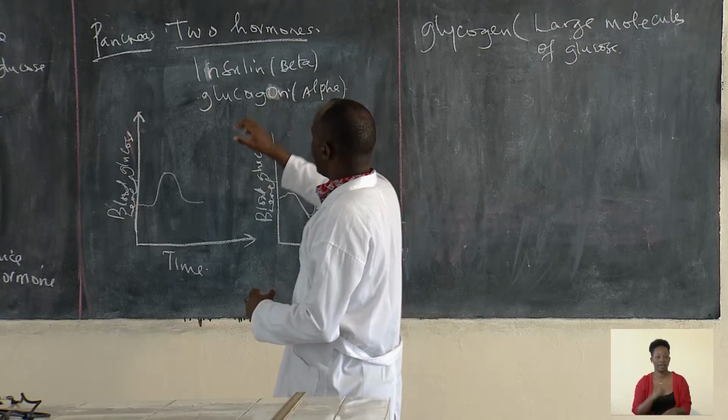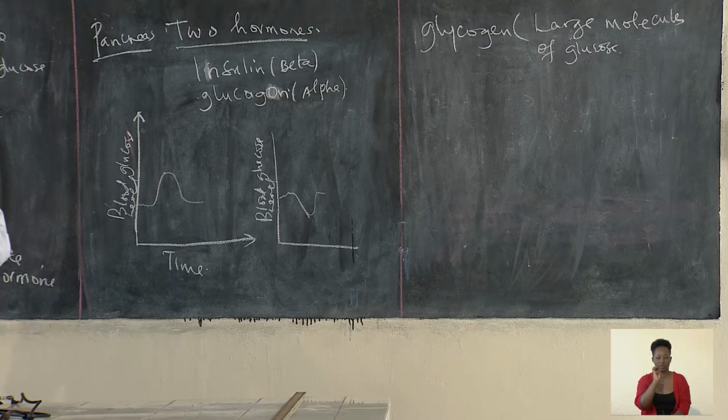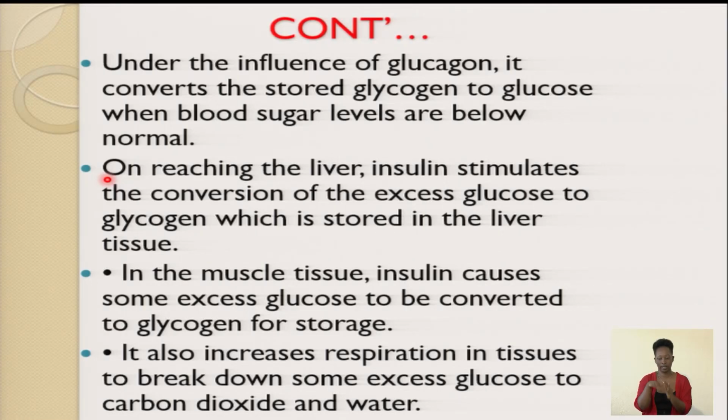Once there is excess glucose in the blood, it has to be converted to glycogen, and it is going to be stored where? In the liver. As I mentioned, under the influence of glucagon, it can convert the stored glycogen to glucose when the blood sugar levels are below normal.